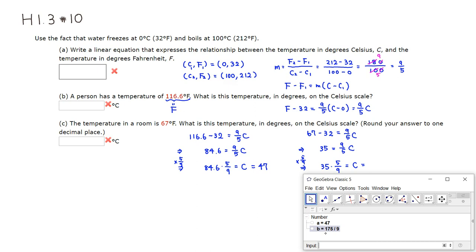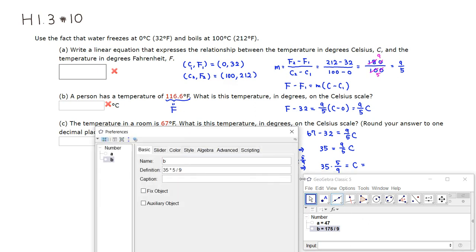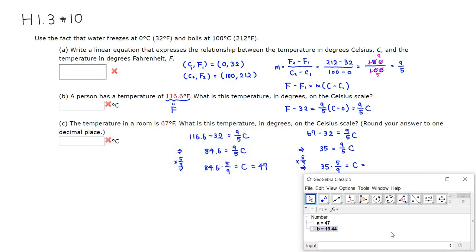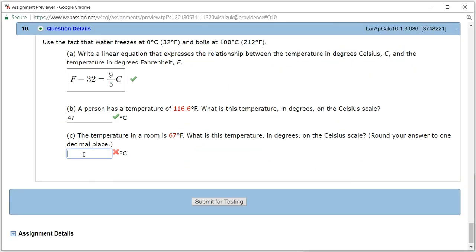I have to get this in decimal form, so I need to do a little adjustment here. It looks like it came out to be about 19.4. So I'm going to type in 19.4, because we have to round it to 1 decimal place.